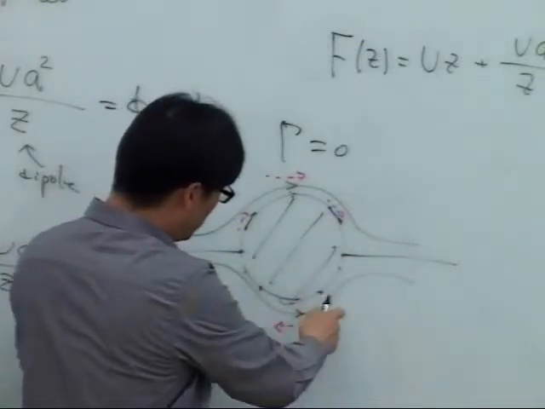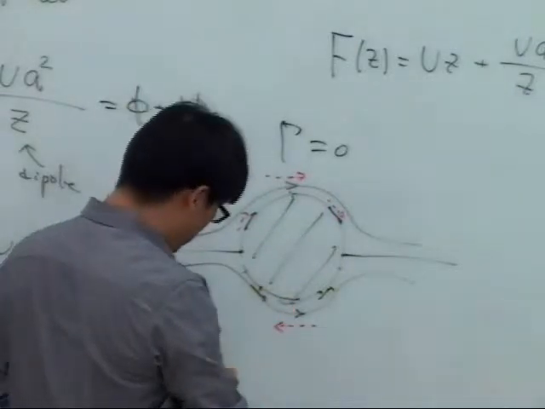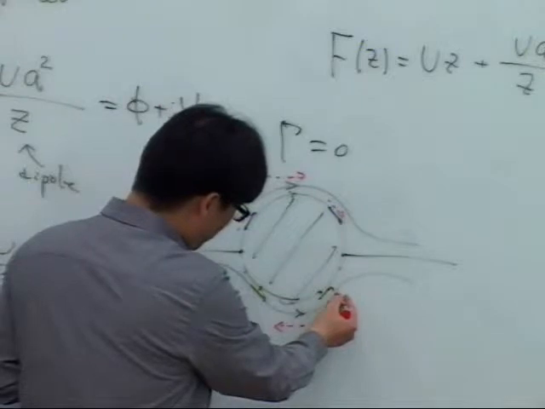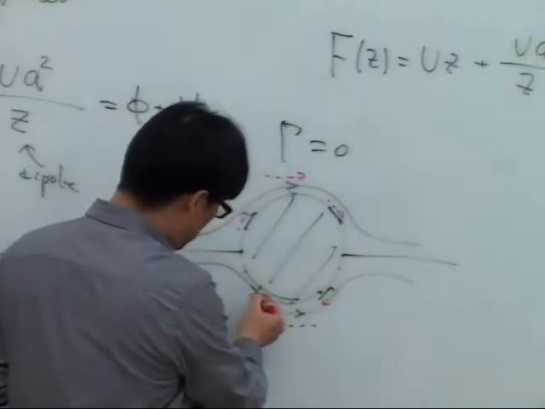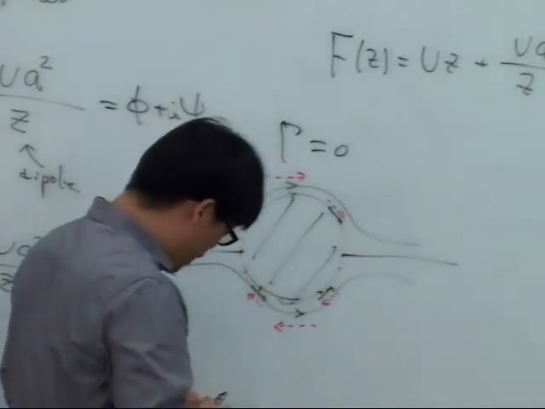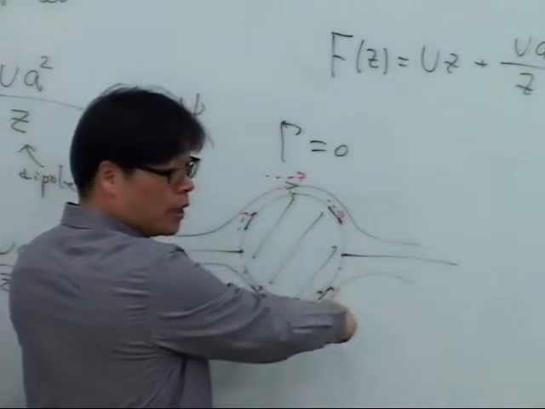But here and here, the flow velocity is this without the vortex, while the velocity field generated by the vortex is in this way. That's why the stagnation points start to move downward.